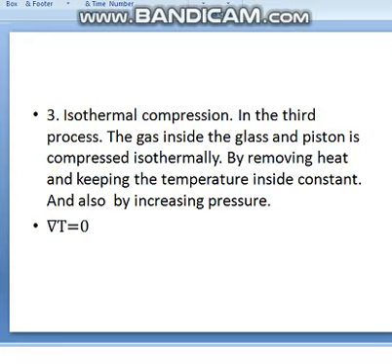In the third process, the gas inside the glass and piston is compressed isothermally by removing heat and keeping the temperature inside constant, and also by increasing pressure. First of all, pressure is increased on the system. When the pressure is increased, the temperature of the gas inside the glass may increase, and that extra increase in temperature is released to the surroundings. So delta T is equal to 0.